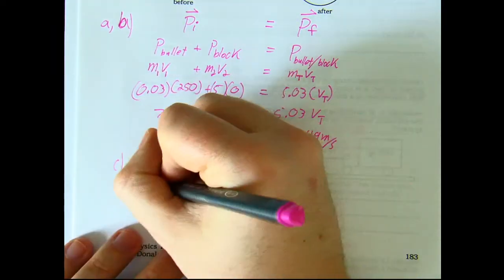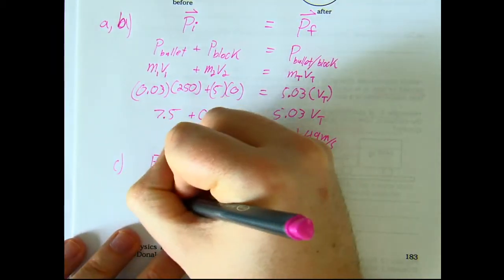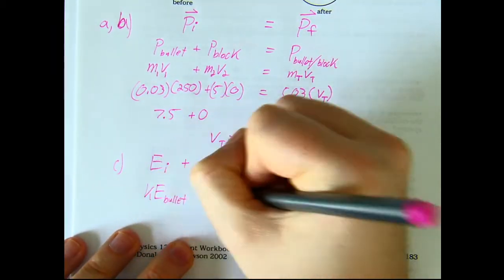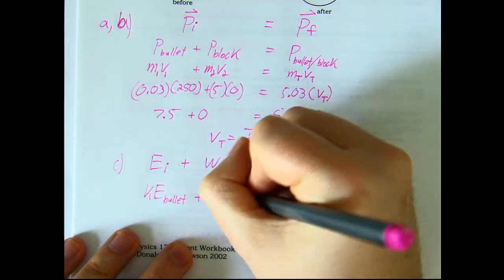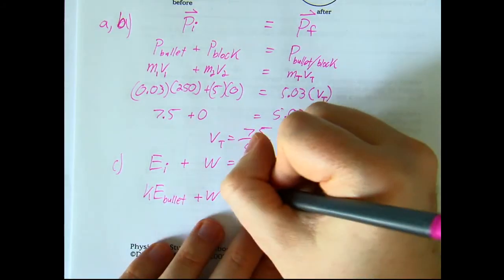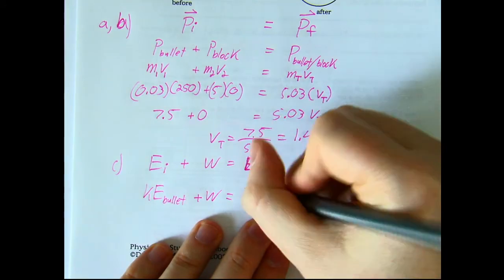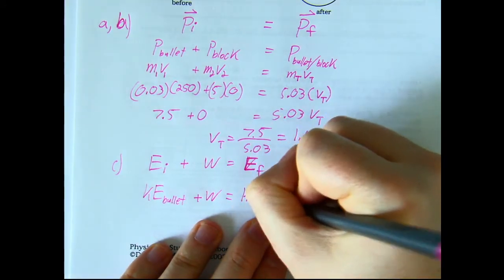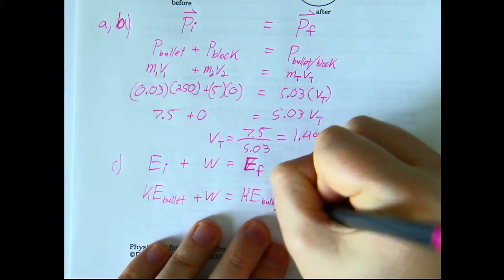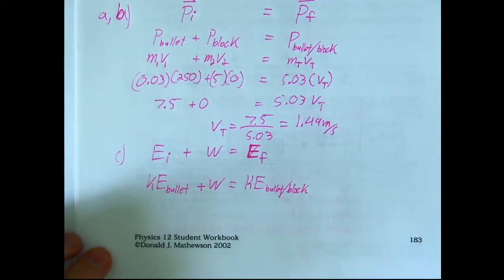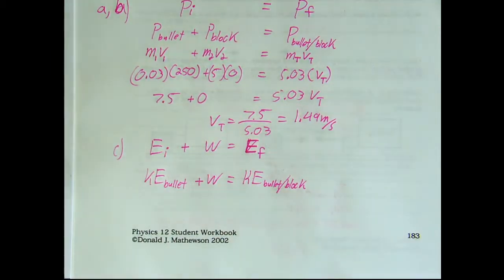So energy initial is going to be the kinetic energy of the bullet. We're going to see if any work was done, and this is going to equal the kinetic energy of the bullet block combination. The height of the block also doesn't change.